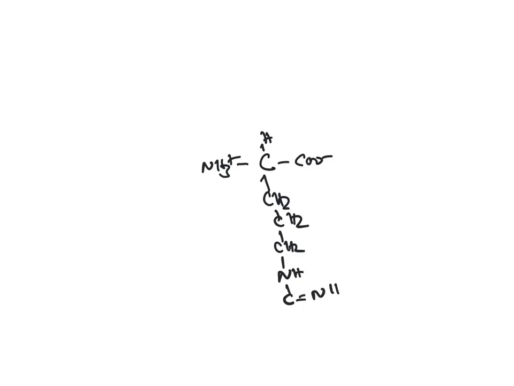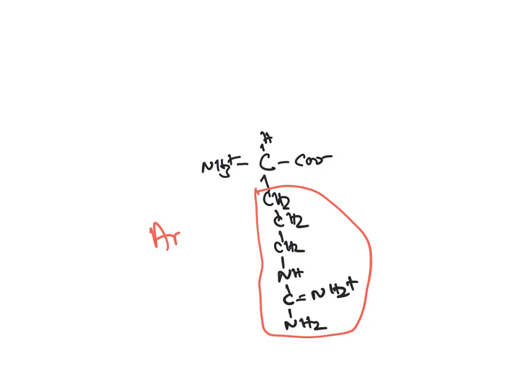Arginine has the alpha carbon in the center, COO minus, NH3 plus, H, and then the side chain of arginine has CH2 three times, and then you have NH, and then a C carbon with a double bond to NH2 plus, and then it has NH2. This is the side chain of arginine. Our amino acid here is arginine.